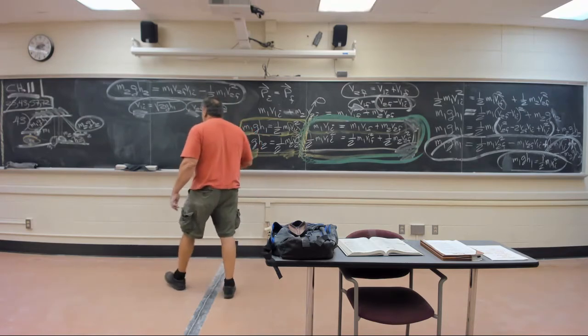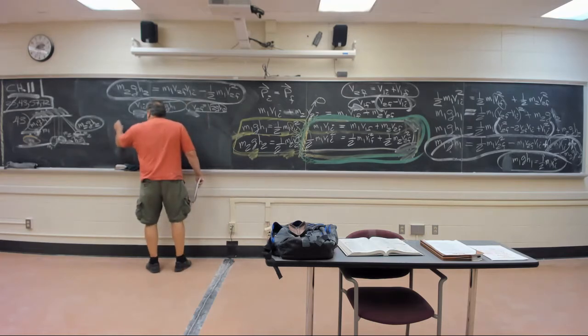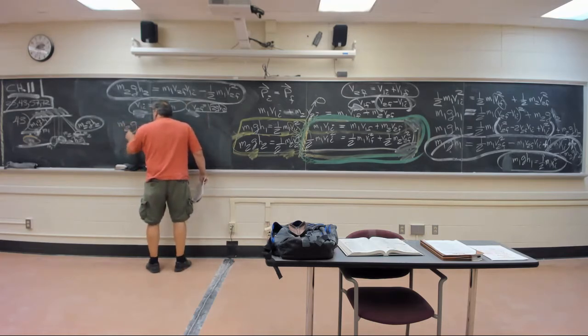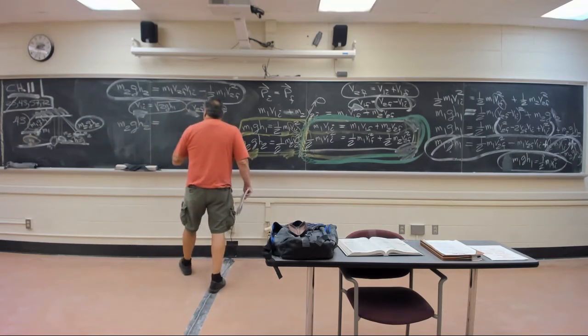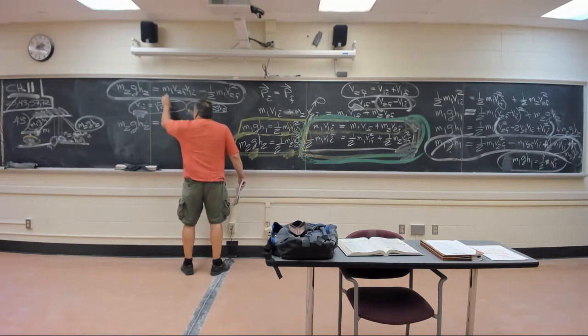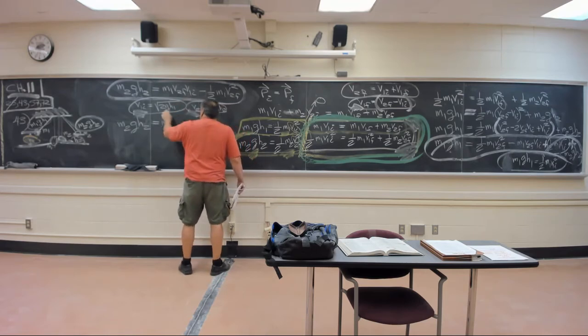We'll take a look at it, I guess. We got M2GH2. We've got M1 right here. V2F is this guy, the square root of the product 2GH2. V1I is this guy, the square root of the product 2GH1.